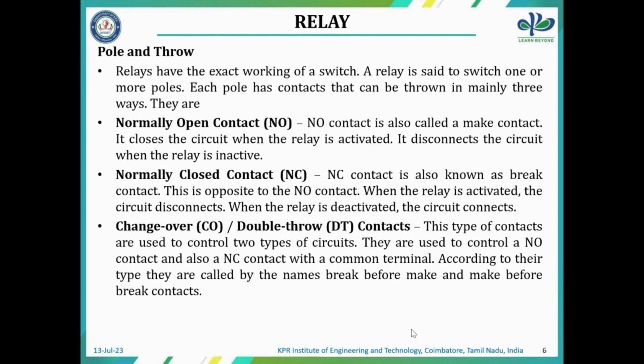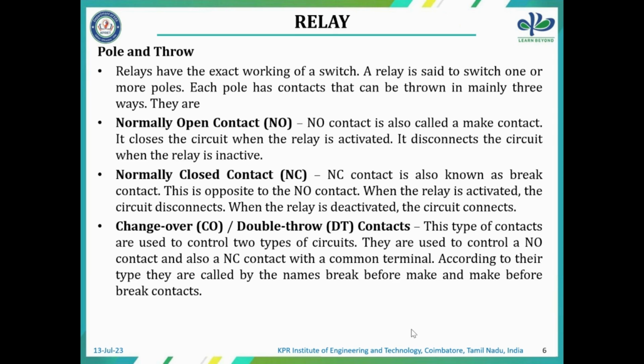So we have the concepts of normally open, normally closed, changeover, and double throw contacts. These are some of the key terminologies that can be understood from this relay topic. The normally open contact, we will just call it NO contact. It is a make contact.